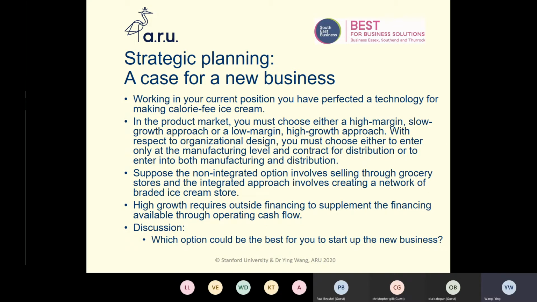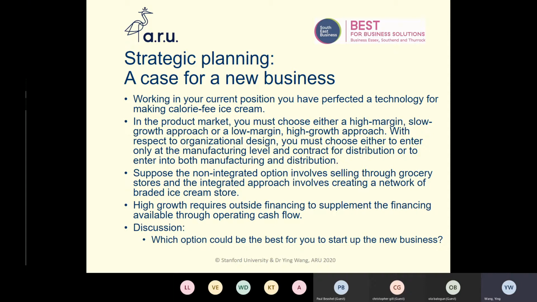Those are the two ways to enter into a market. With respect to organizational design, you must choose either to enter only at the manufacturer level and then contract for distribution, or alternatively, you can enter into both manufacturing and distribution.